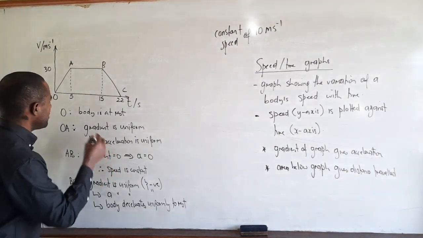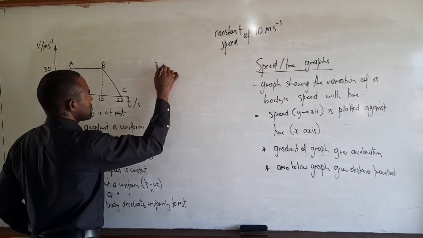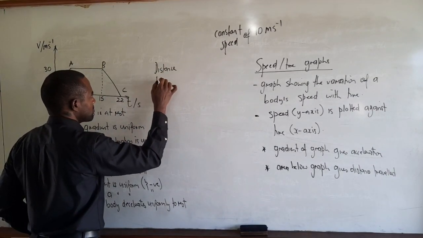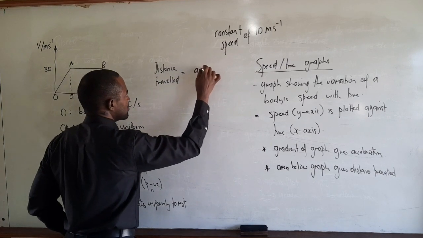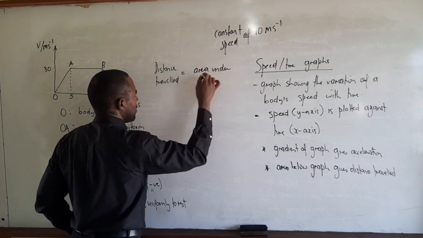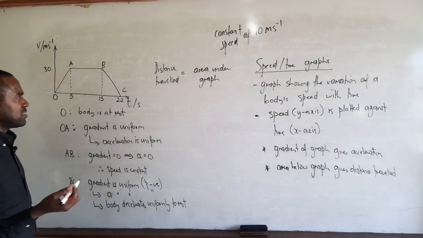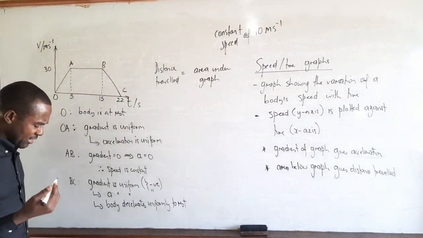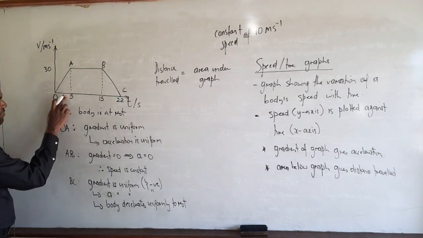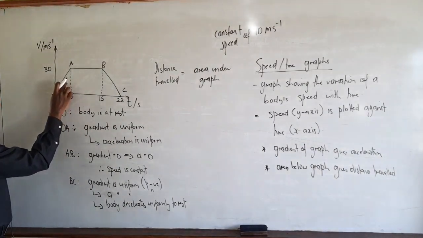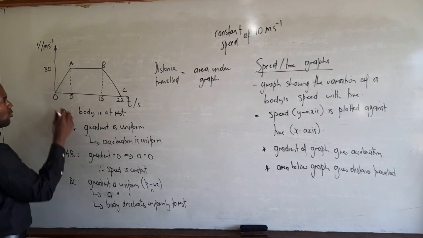So if we want to find the distance traveled, the distance traveled is equal to the area under the graph. For simplicity, we'll just find the area of each segment and add them all up. This is a triangle of base 5 seconds and height 30, so its area is base times height over 2.